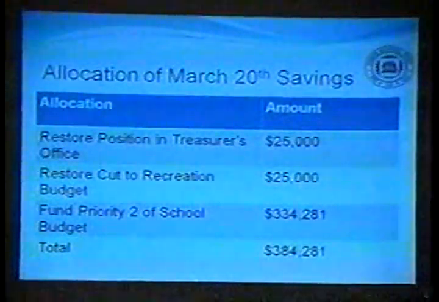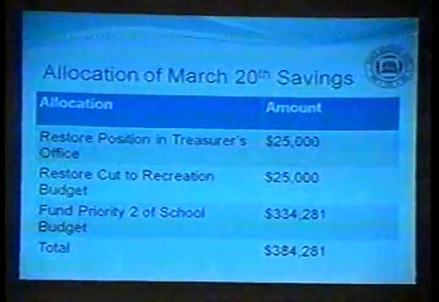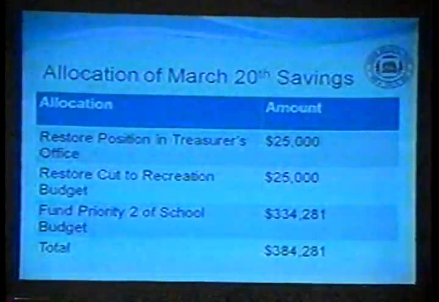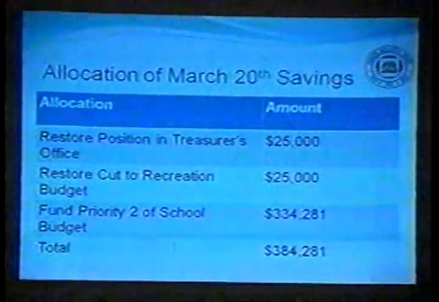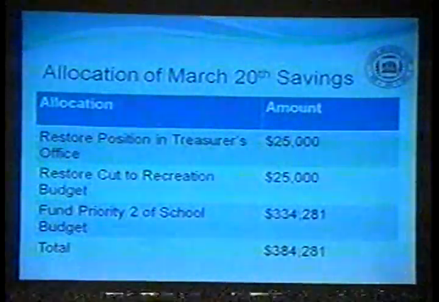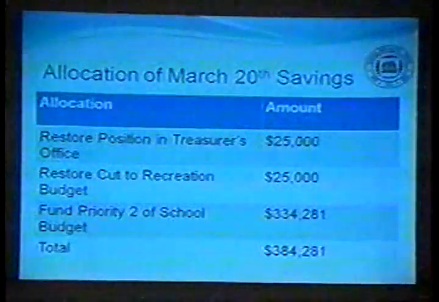And the board voted on March 20th to restore the $25,000 for the position in the treasurer's office, to restore the $25,000 cut to recreation, and to fund priority two of the school budget to the tune of $334,281.